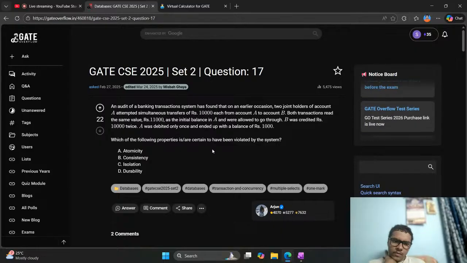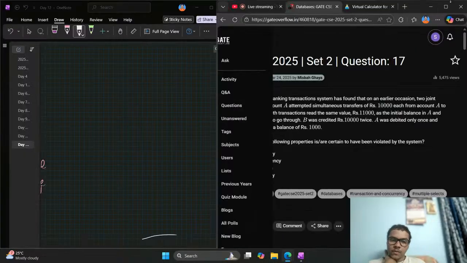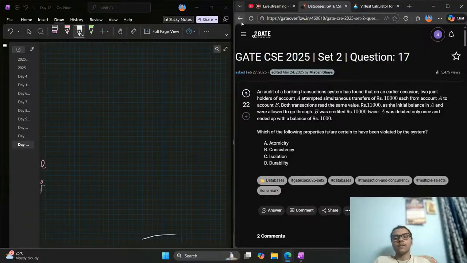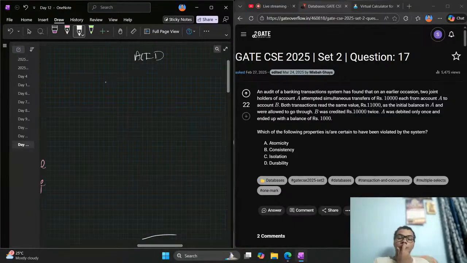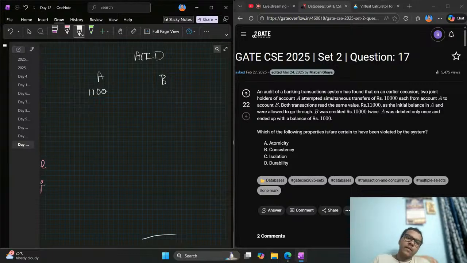What are the following properties? Okay, this is nice. ACID properties. A basic question of ACID properties. So this is account A and this is account B, and it got 11,000 rupees. Both transactions are at the same value.